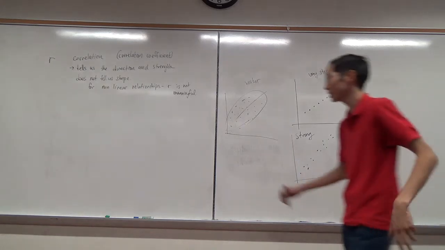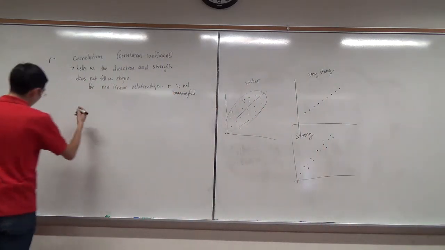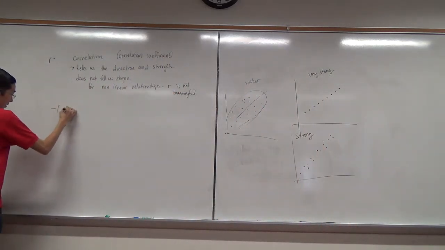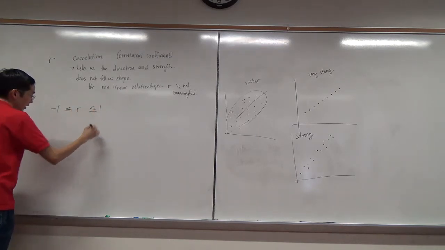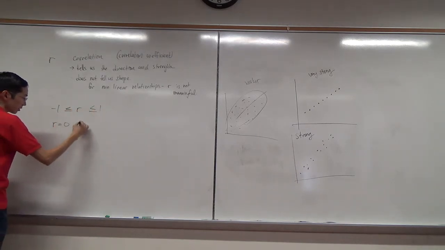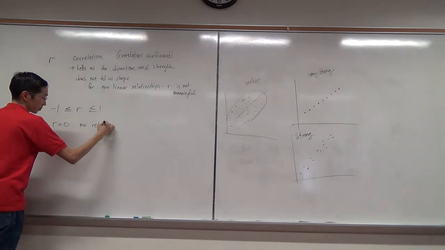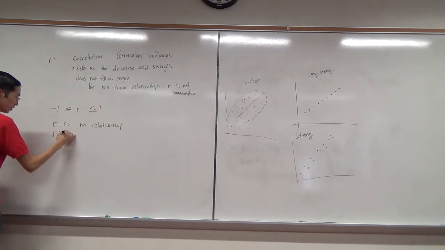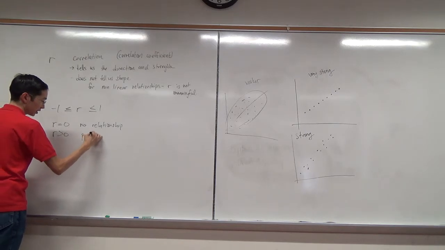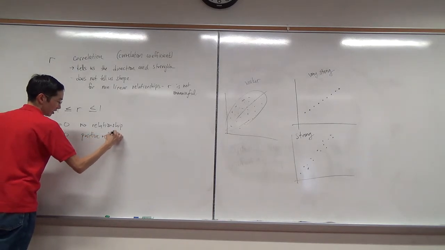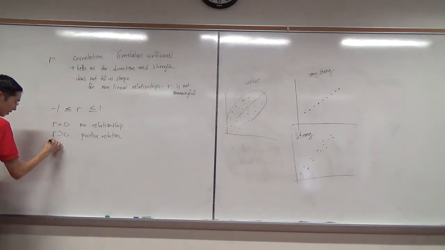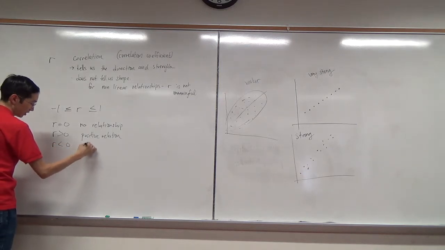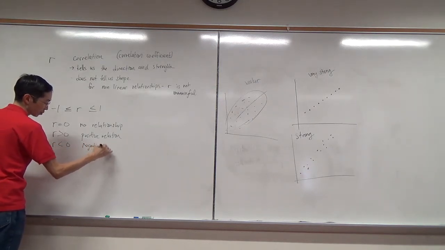Okay, I'm running out of time, but let me just write this last thing. R can be anything between 1 and -1. If R is equal to 0, then you have no relationship. If R is positive, that means a positive relationship. And if R is negative, you have a negative relationship. So that's simple.